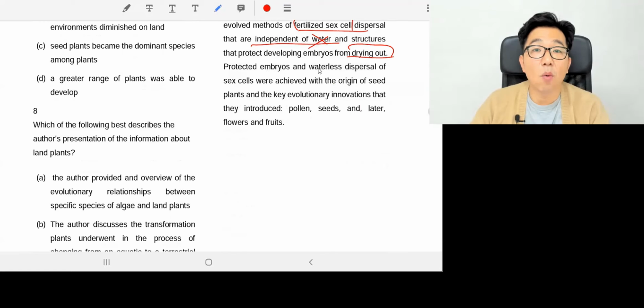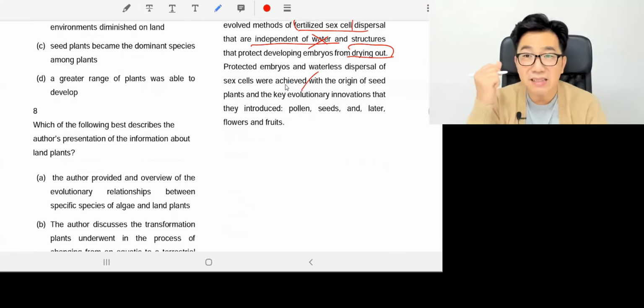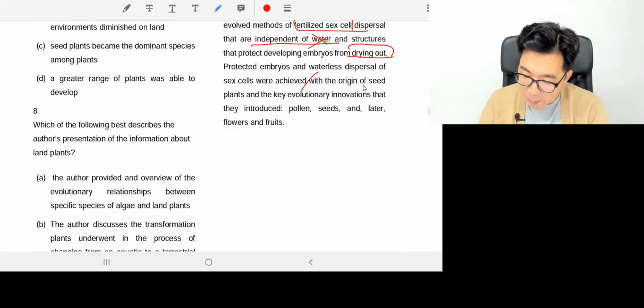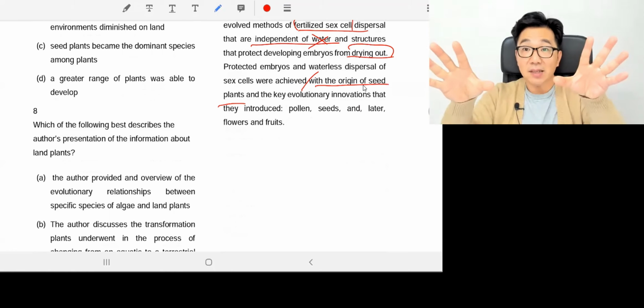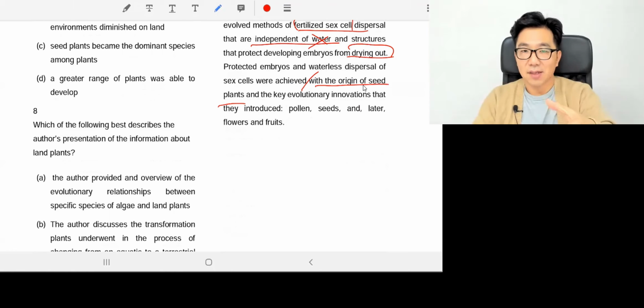Protected embryos and waterless dispersal of sex cells were achieved. Well done, got it done, with the origin of seed plants. Seed plants, seeds, dispersal. And fruit trees started to grow.